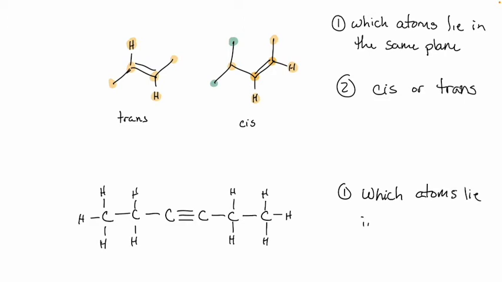I don't know a better way to word this, but similar to how with our double bonds we can ask which of these atoms lie in the same plane, with our triple bonds we can ask which of these atoms all lie in a line. We have that linear geometry for our triple bonds.